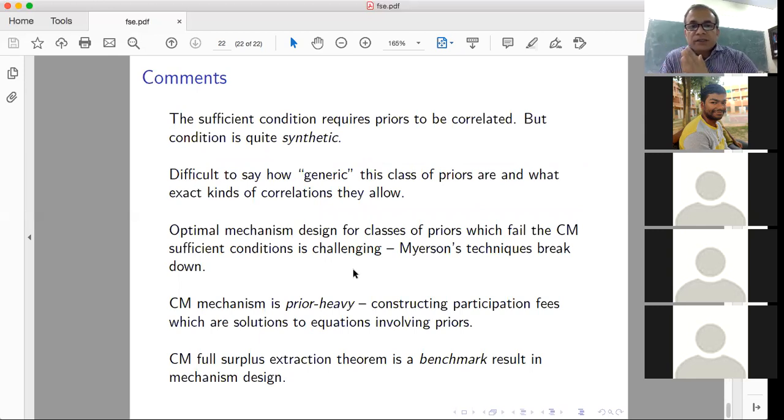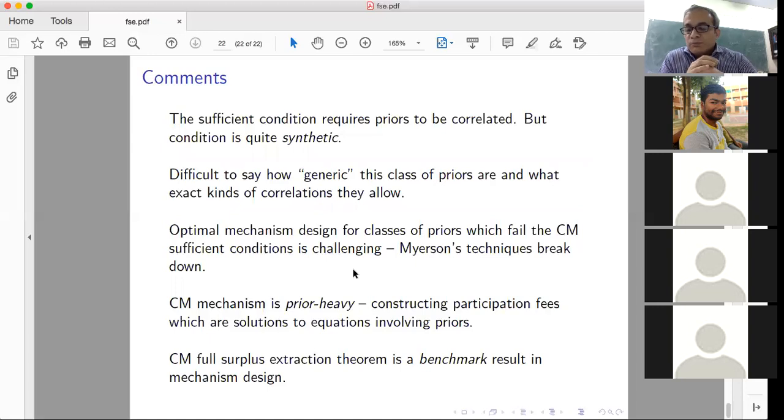The sufficient condition requires priors to be correlated, but the condition is quite mechanical in the sense that, to verify whether a particular prior satisfies that condition, you basically have to specify whether a system of equations has a non-zero solution or not. So that's what makes it a kind of mechanical condition.